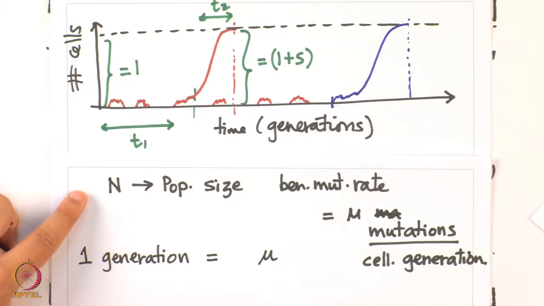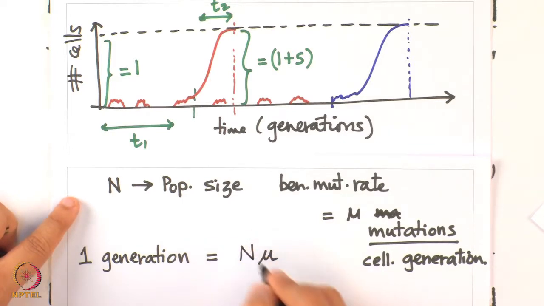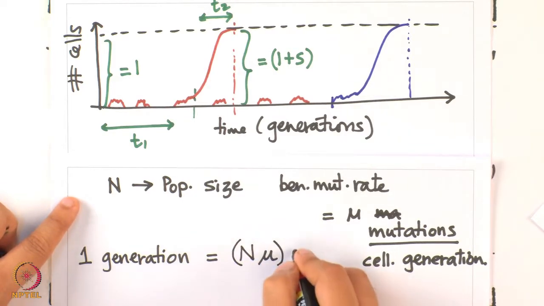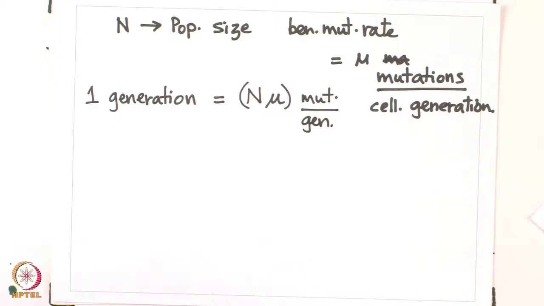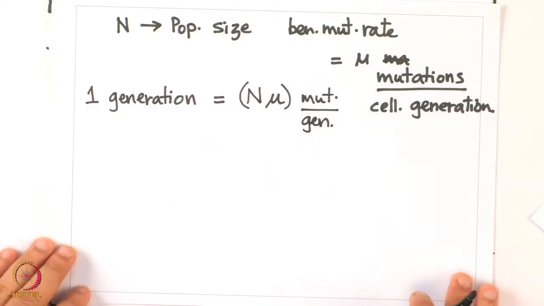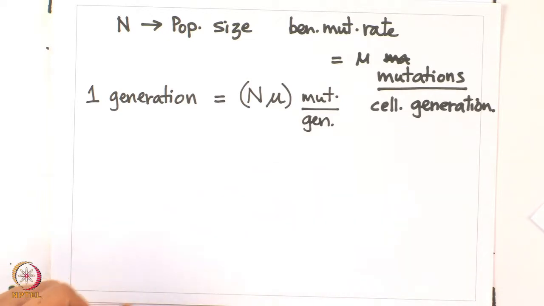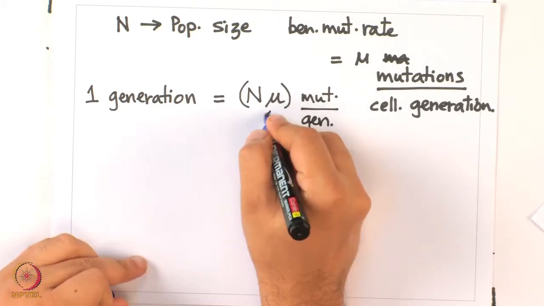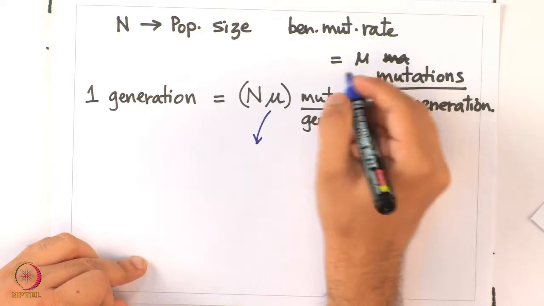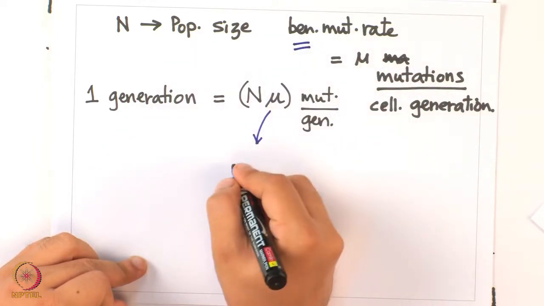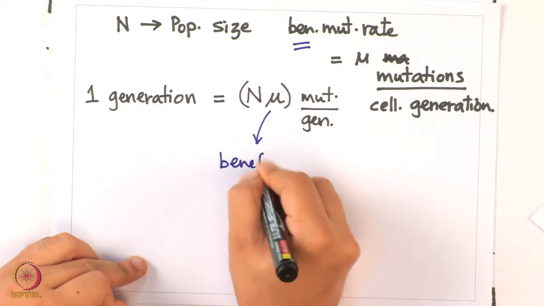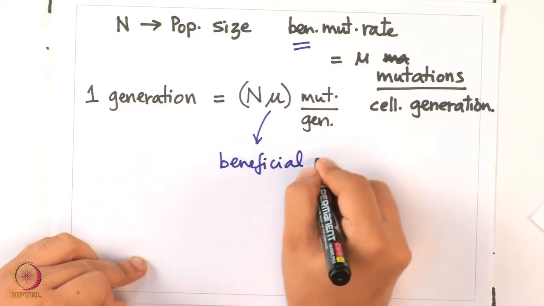But since you have n divisions taking place in one generation, you have n mu mutations per generation. And remember, this is the mutation rate associated with beneficial mutations only. So, these are n mu beneficial mutations occurring per generation.